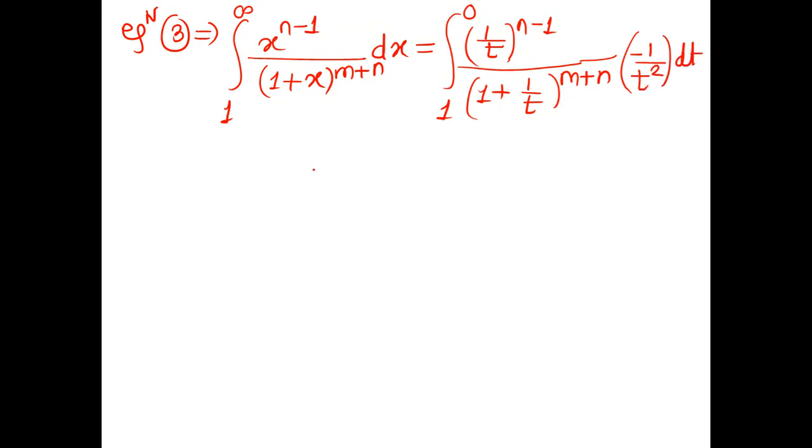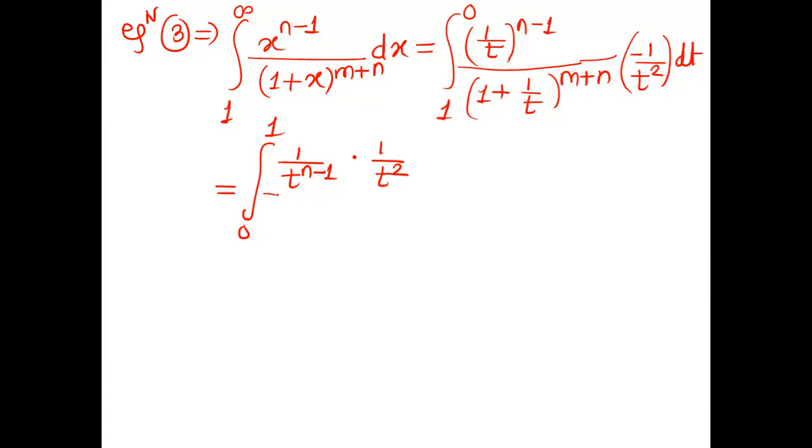Now just apply the law of indices and simplify. So we have the integral, let us take minus here. So minus 1 to 0 will make the integral with the limit 0 to 1. Now 1 upon t raised to power n minus 1, according to the law of indices, into 1 by t square here.